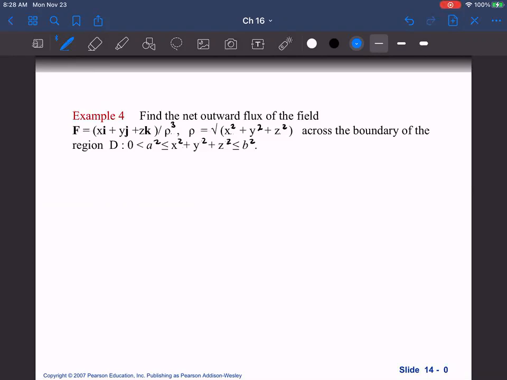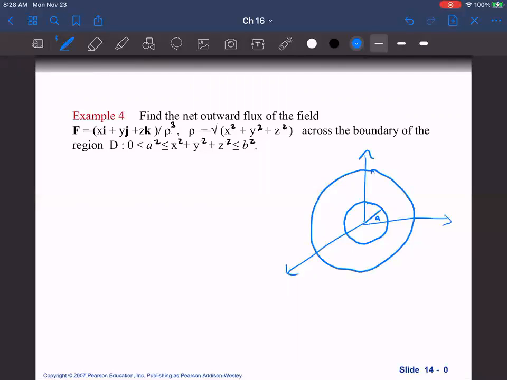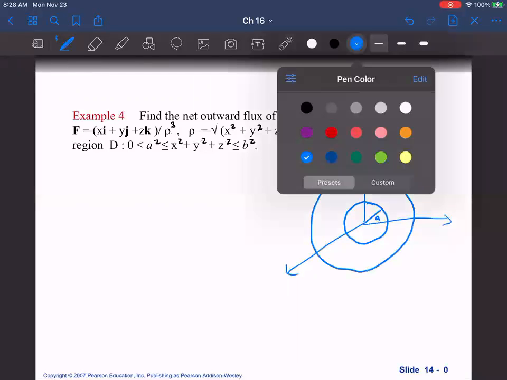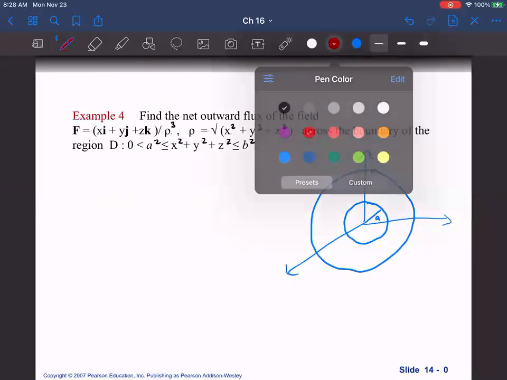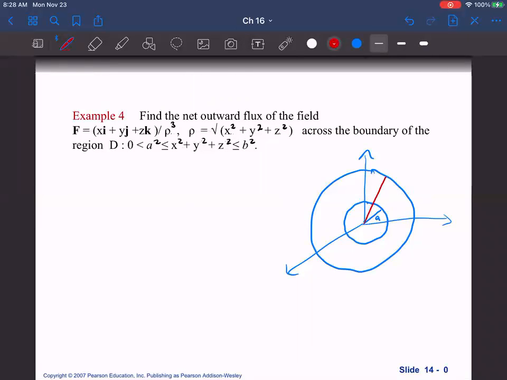So essentially we're looking at concentric spheres. We've got a sphere inside here with a radius of a, and then another outer sphere with a radius of b. And we're looking at the total flux through the surfaces.